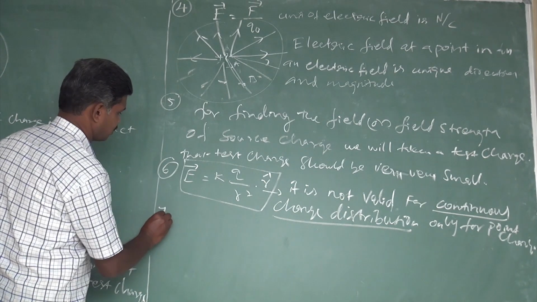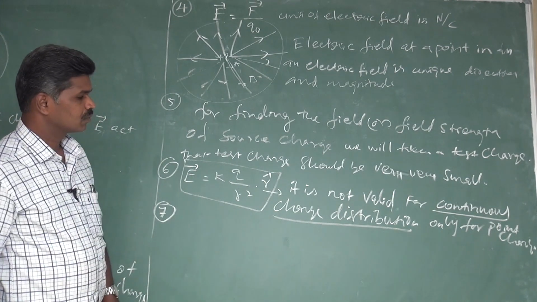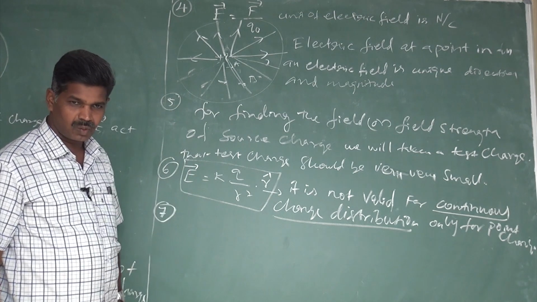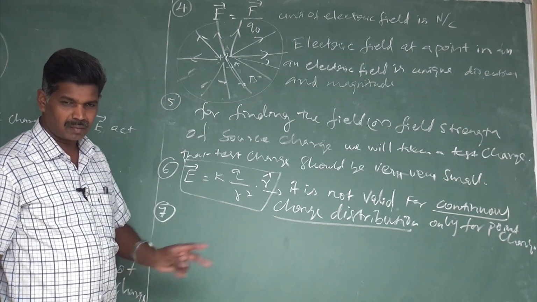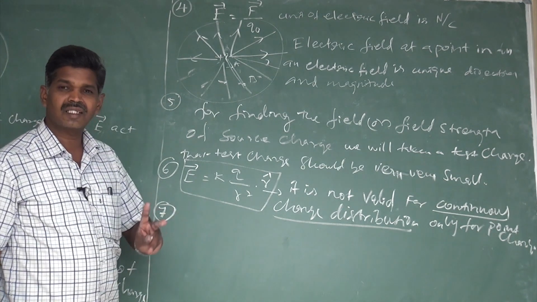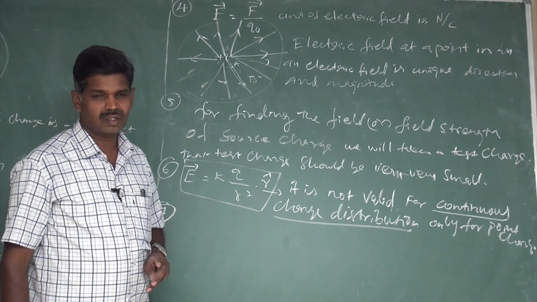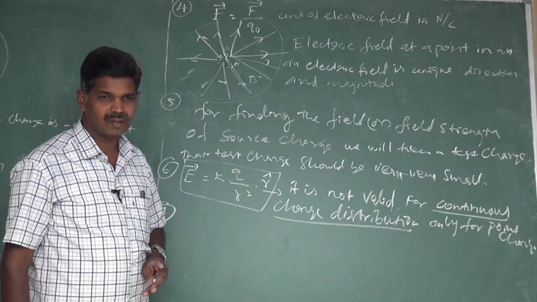Next we have the seventh point. Electric field is a vector quantity, having a direction and a magnitude, like the gravitational field and the magnetic field.